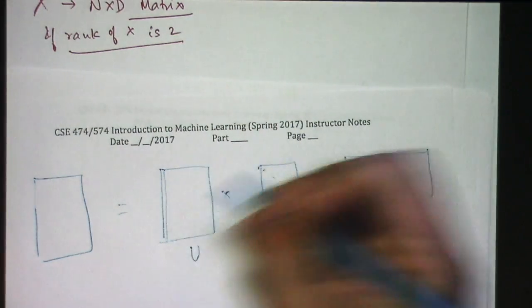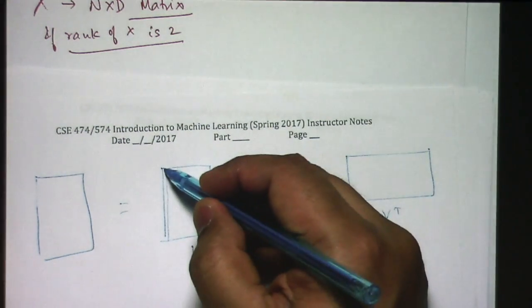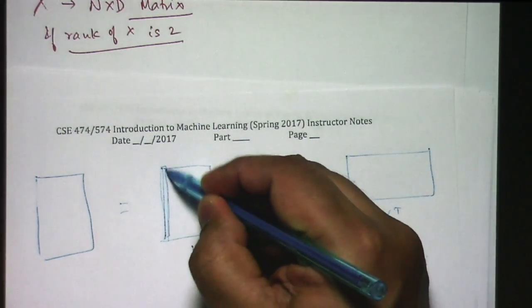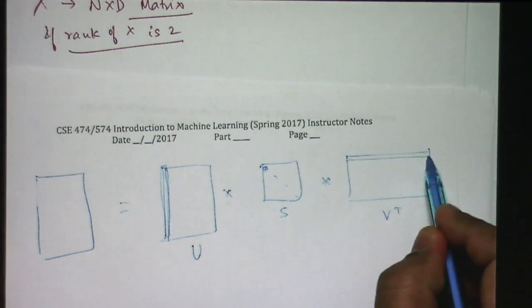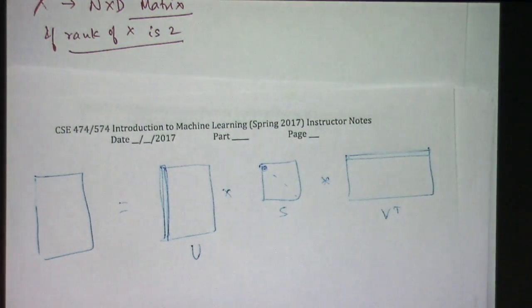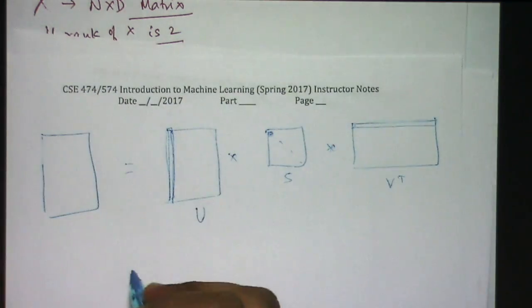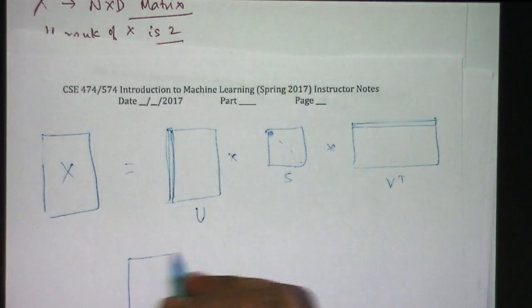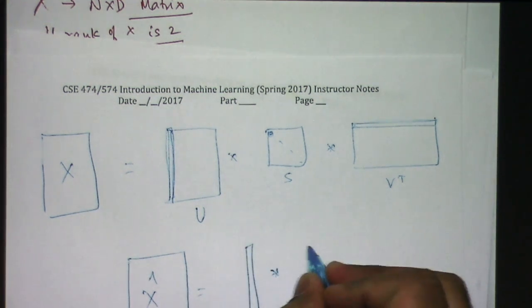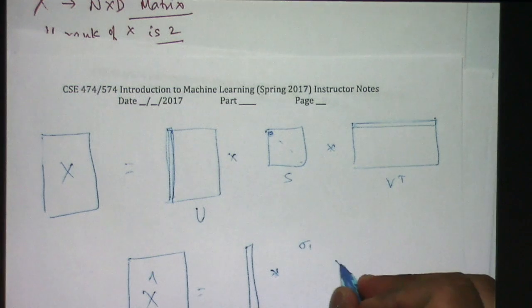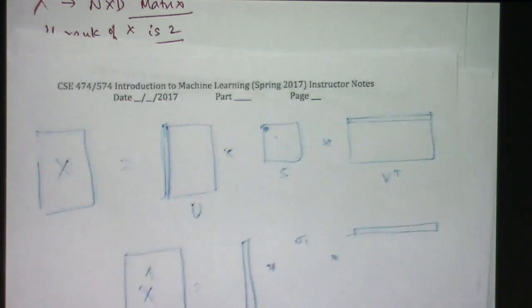So what essentially happens is that if I just take the first singular value, I'm taking the first column and the first number here and the first row here, and then I'm multiplying them together. And that gives me, so this is my X, that gives me an X hat, which is just this column times a number, the first singular value, times this.